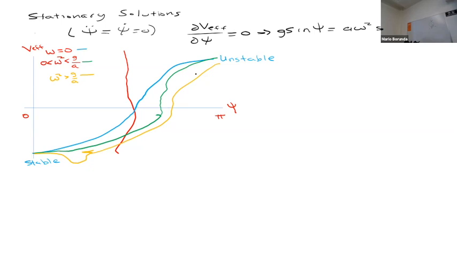For the orange one, this one's unstable. How about this one? There's a minimum right here, right? Is this stable? And how about this one? That one becomes unstable. So this one is stable equilibrium, unstable equilibrium. That's for the rotating bead. And I messed up that one on my exam. I thought that this was stable. So that's why I'm always going to remember that this is unstable when the speed is higher than that.